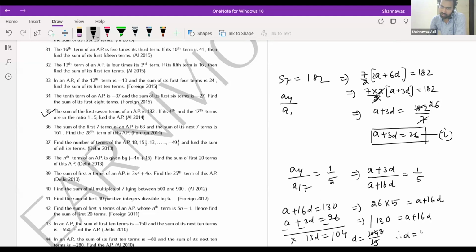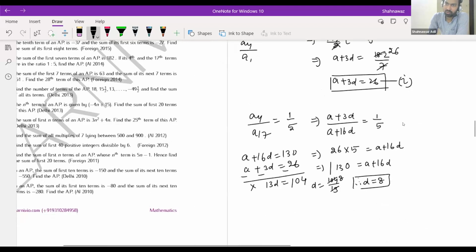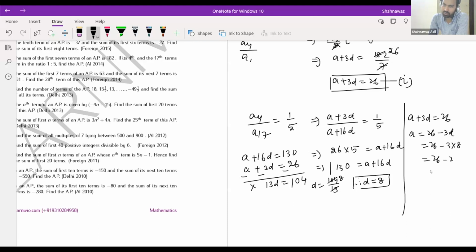D is 8 and A plus 3D is 26. So A is 26 minus 3D, which is 26 minus 3 into 8, so 26 minus 24, so A equals 2. So A is 2, D is 8, so the next term would be 10, and then 18, and so on.